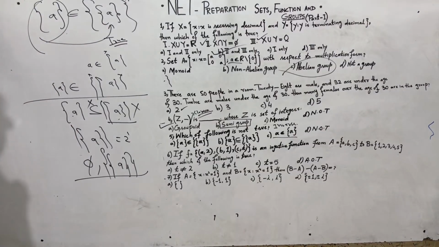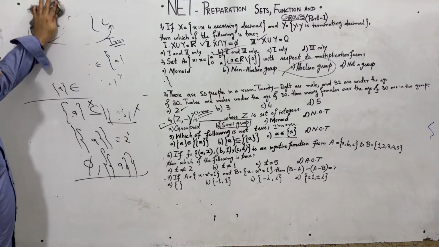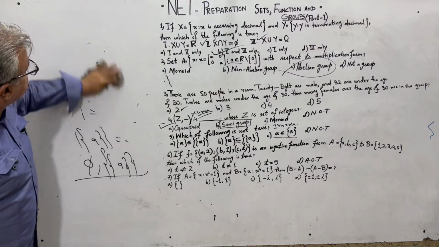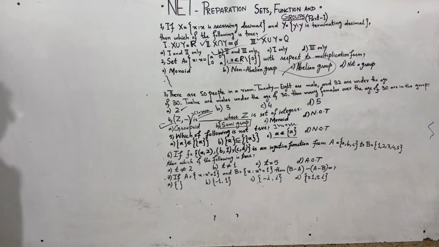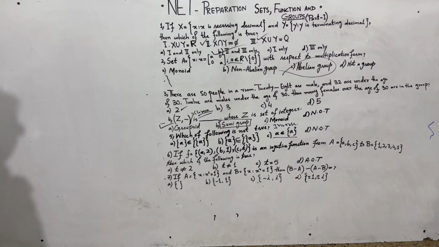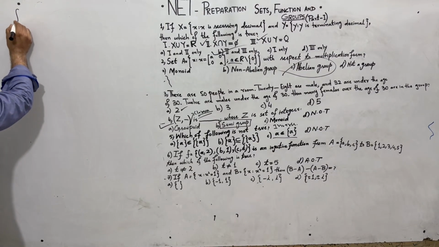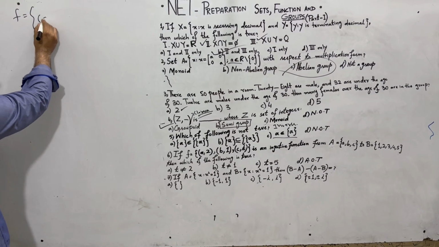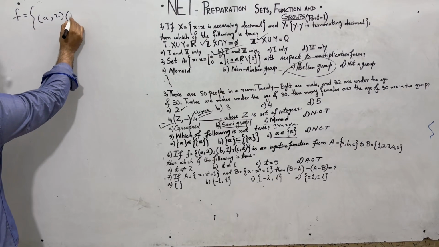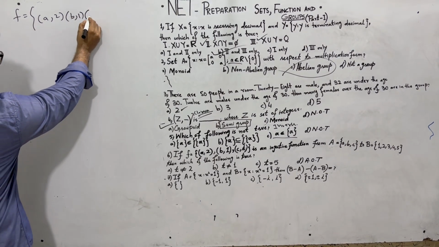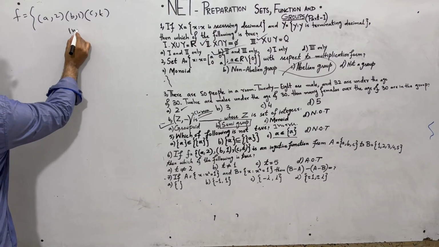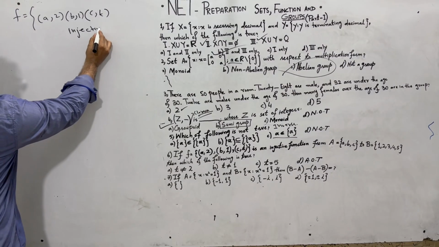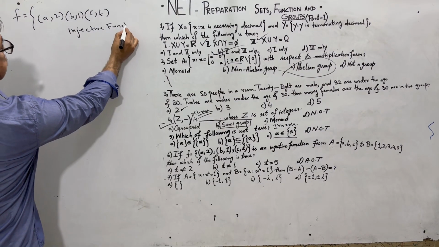Good. Moving towards the sixth question, the second last of today. If the function is written A to 2, B to 1, C to T, it is an injective function or a mapping, same thing.